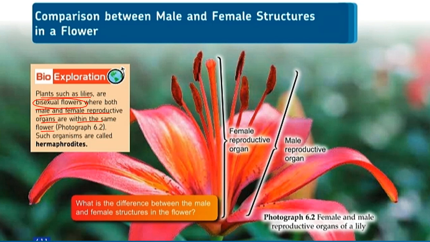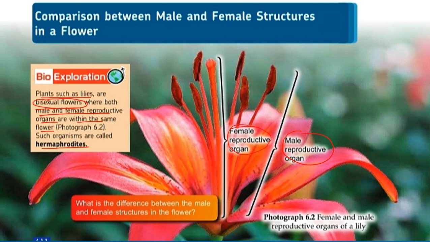So this organism we call hermaphrodite. So this is a lily. This is the male reproductive organ, and here the female reproductive organ.